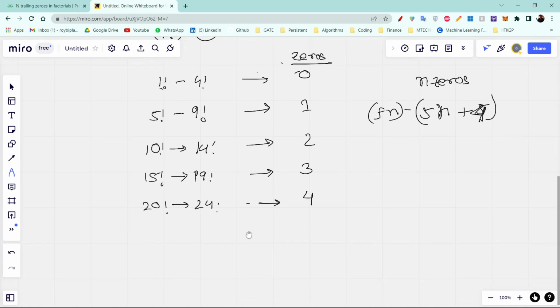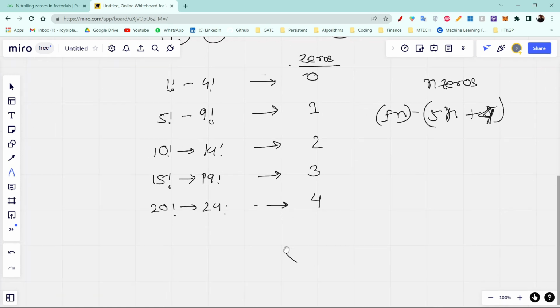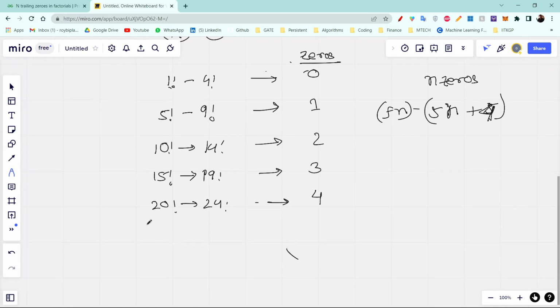If you go one more step ahead, if you see 25 factorial to 29 factorial, here there will not be 5 zeros. Here how many zeros will there be? Number of zeros will be like 25 factorial.